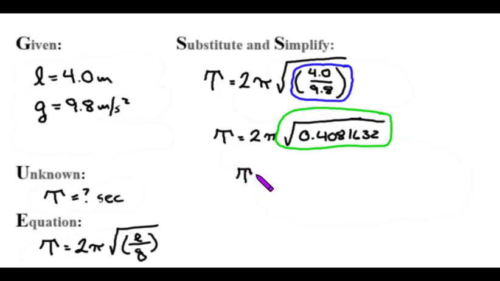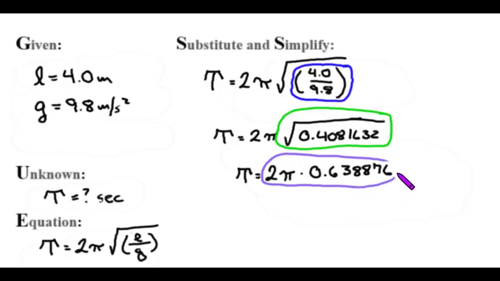Get period equals 2 pi times 0.638876. And then to wrap it up, I'll do all of this math at once in my handy dandy calculator, and I get period equals 4.0141795 seconds.